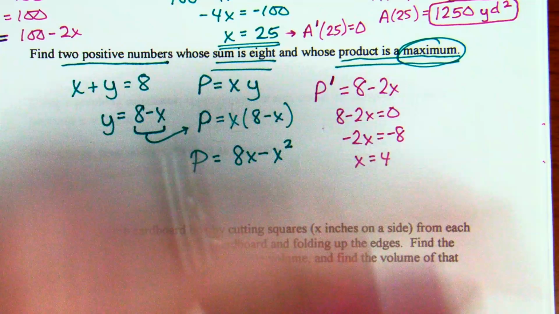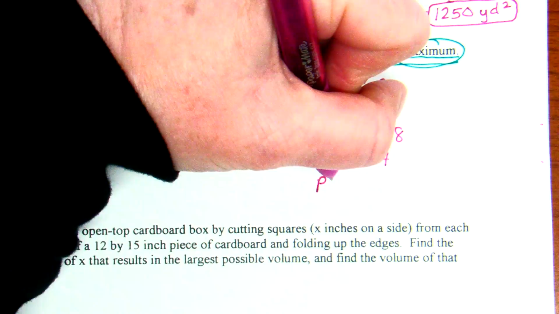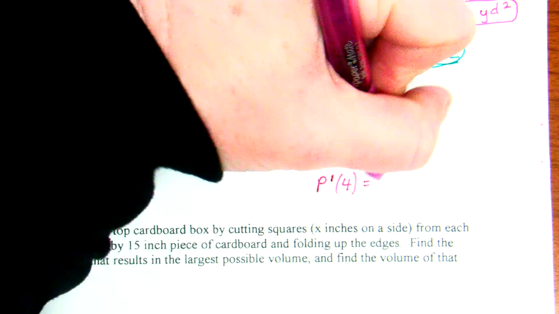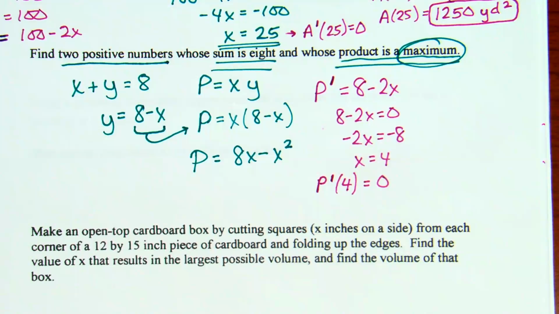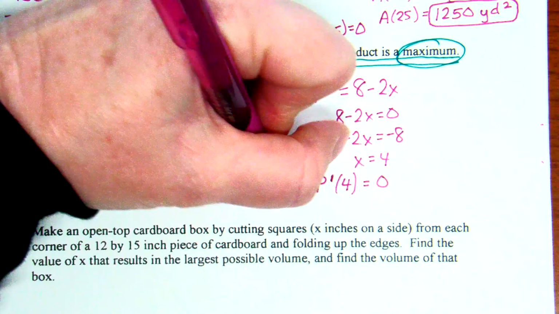So at this point, we know that P prime of 4, the derivative at 4, is equal to 0. Since the derivative is equal to 0, we know that this 4 is a critical point.